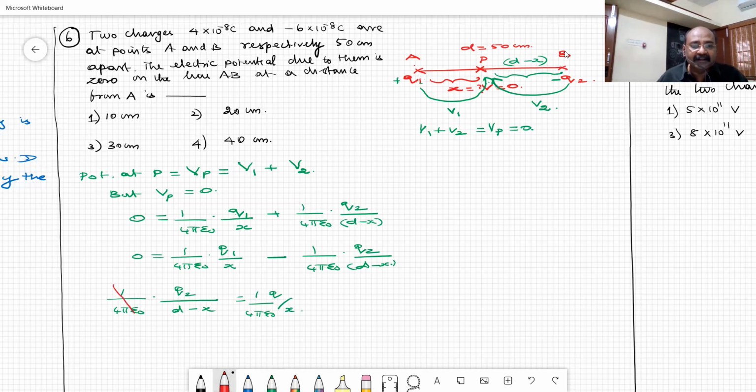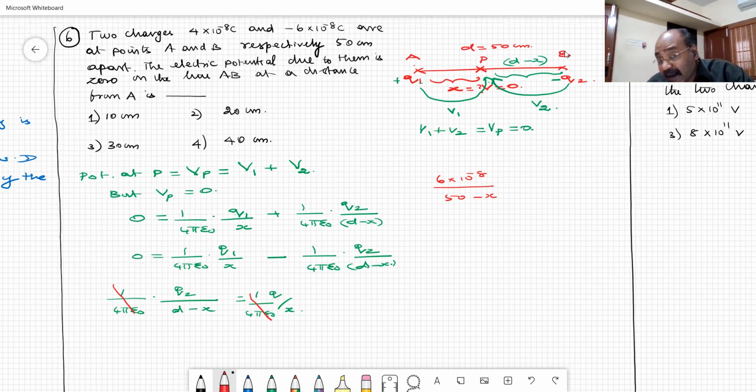On simplifying, this 1 by 4 pi epsilon 0 will get cancelled. Now you substitute the value of Q2. The value of Q2 is the magnitude alone now: 6 into 10 to the power of minus 8 divided by d minus x, which is 50 minus x.